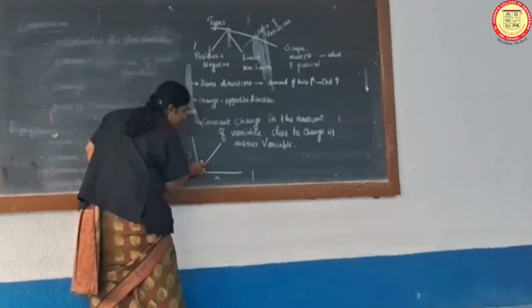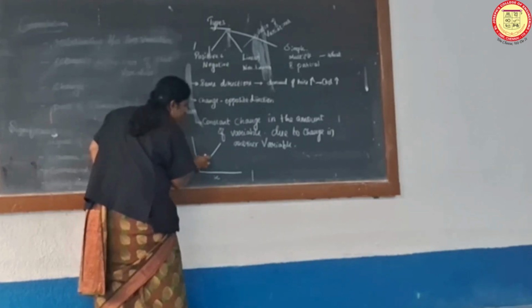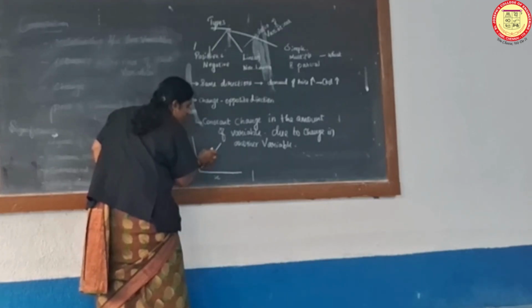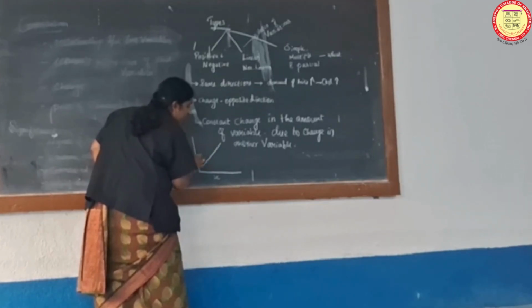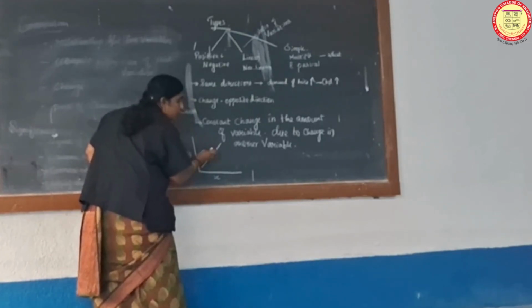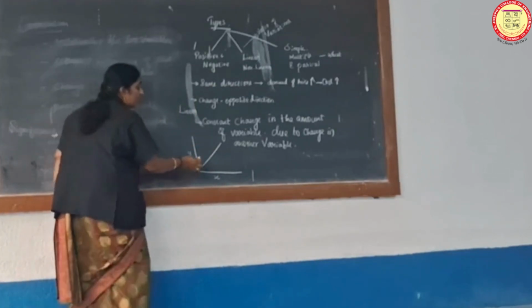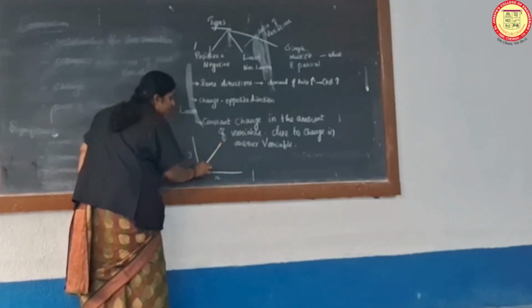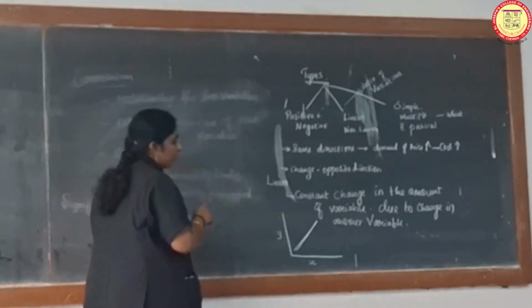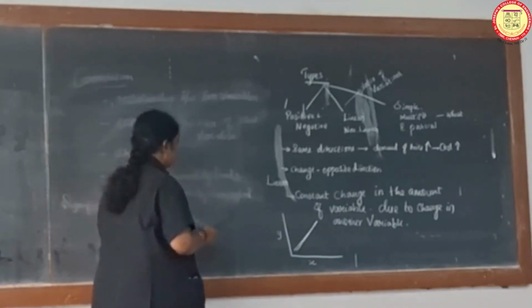When the x variable increases, the y variable also increases, but the variations are in a fixed proportion. So it forms a linear line. This linear line represents the relationship between the two variables x as well as y.